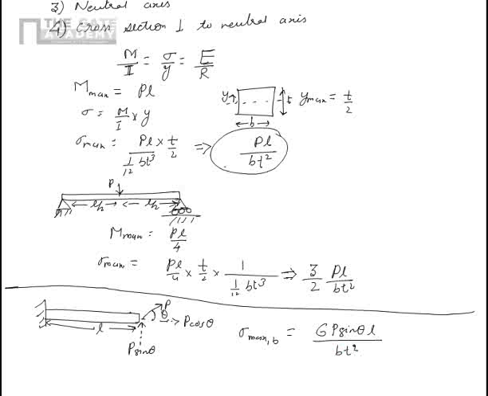This is not the maximum stress in the beam. This is only the maximum bending stress. So this maximum bending stress occurs here and here. Here it is tensile, here it is compressive, this is compressive, this is tensile.